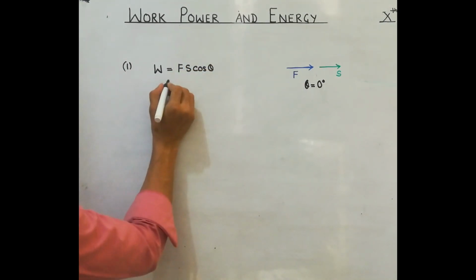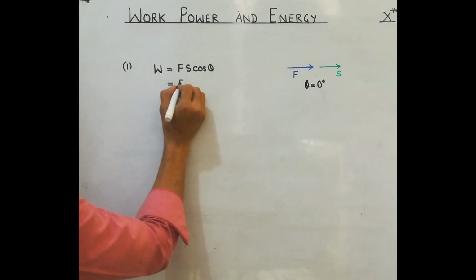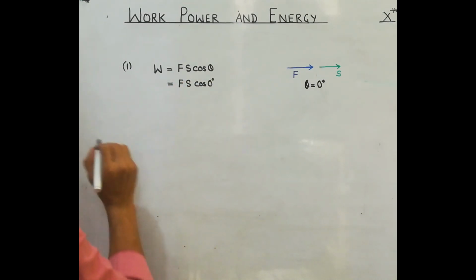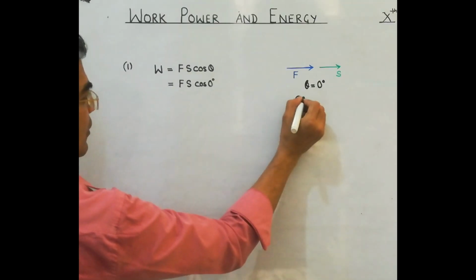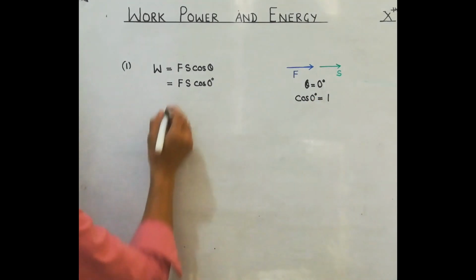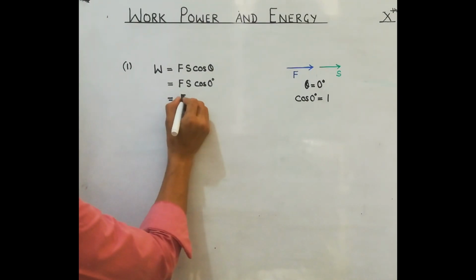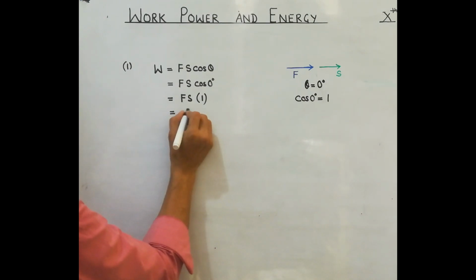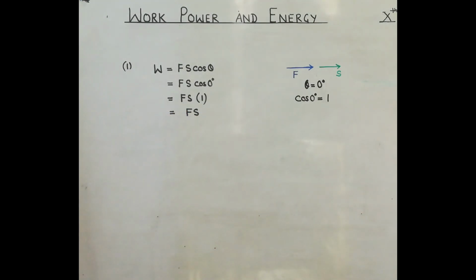This is the formula. So F S cos 0. And remember, cos 0 is 1. So here we substitute F S into 1. So the formula is F S.